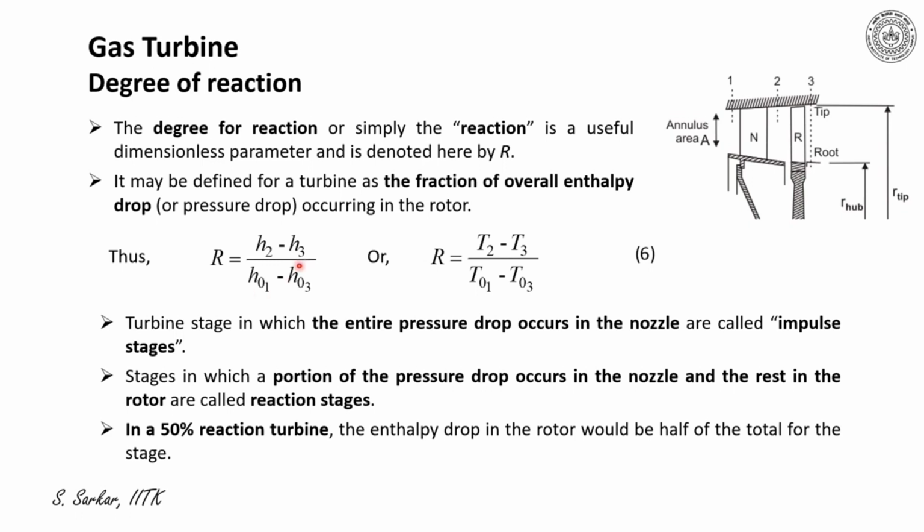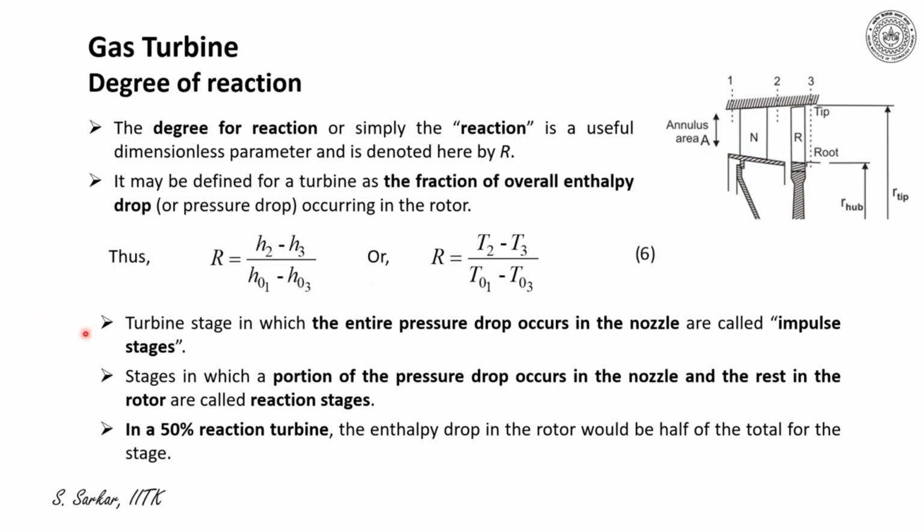Now, if we consider Cp is constant, this can be written as R equal to T2 minus T3 divided by T01 minus T03. Thus, it is the ratio of static temperature drop in the rotor to the total temperature drop in the stage.